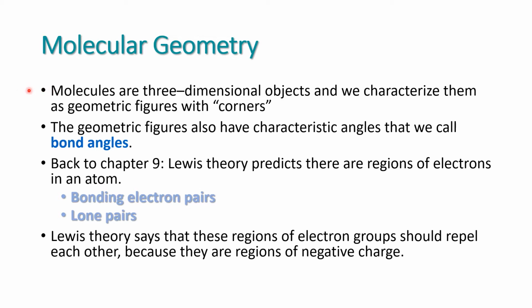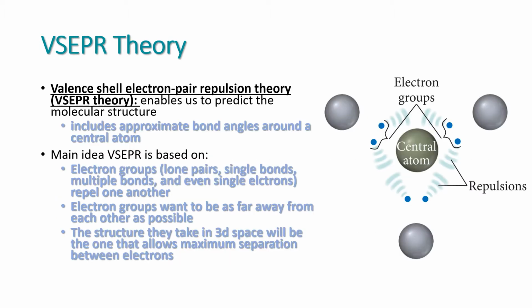We are going to talk about molecules in this part of the chapter as if they are geometric figures. And by geometric figures, we just mean 3D shapes. And these 3D shapes have angles relative to the central atom that we call bond angles.